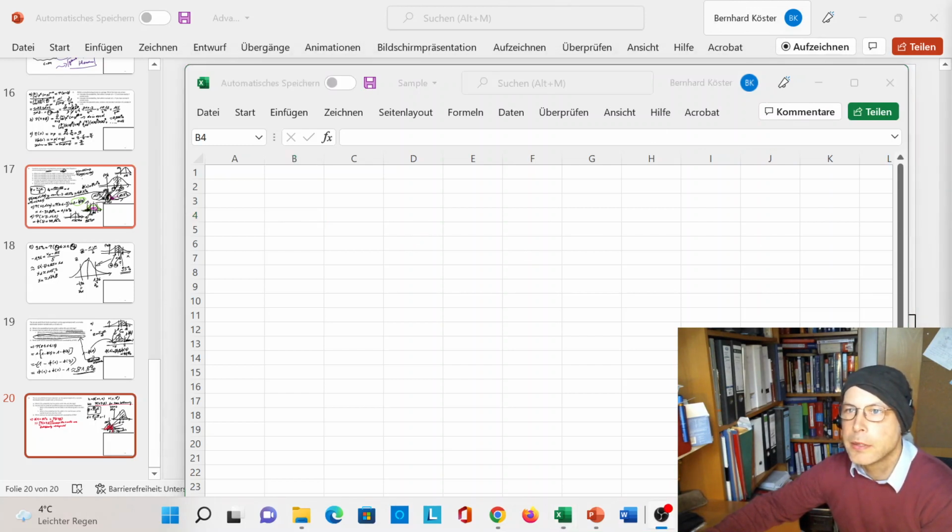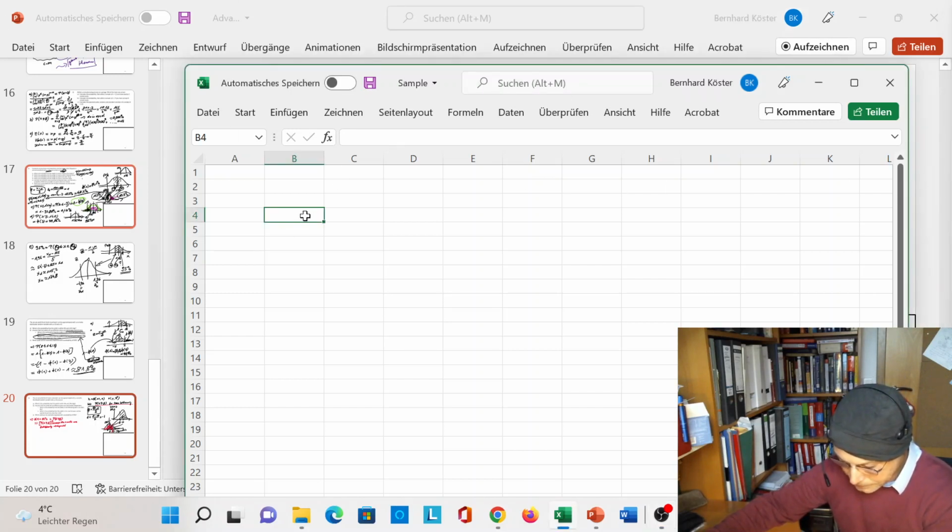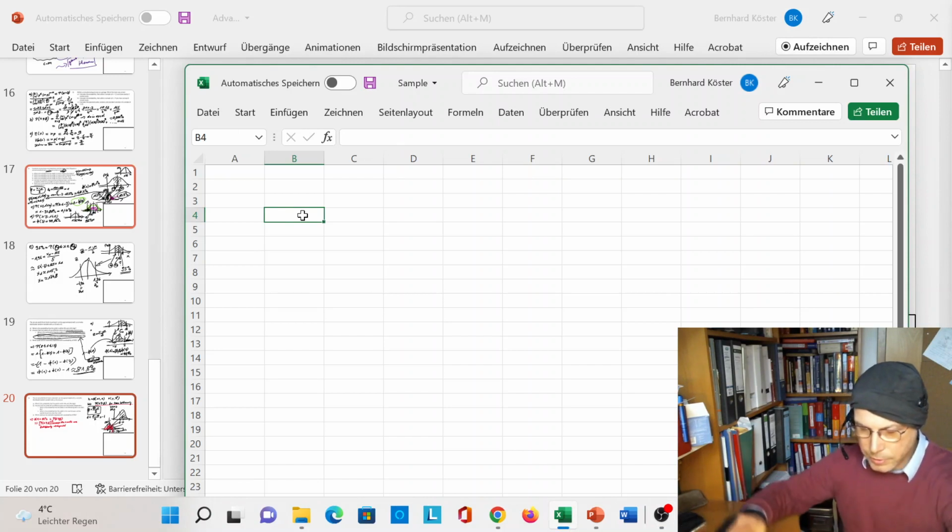Okay, great. So let's do it also here within Excel, because what do we need?